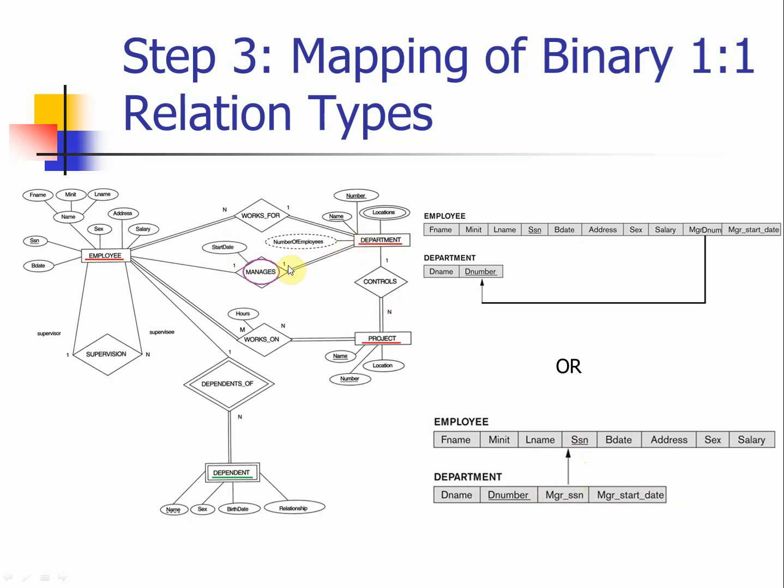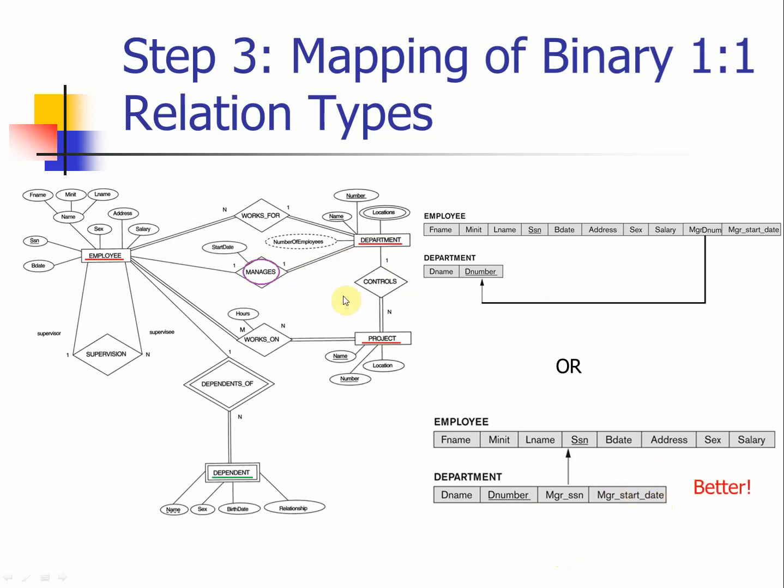Think about this: because this is a double line, every department must have a manager. Therefore, if I have 3 departments, all 3 of them will have values for their managers, as indicated by this double line. So this is a much better choice than the other one.